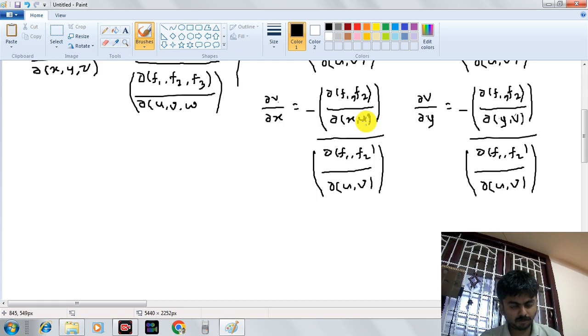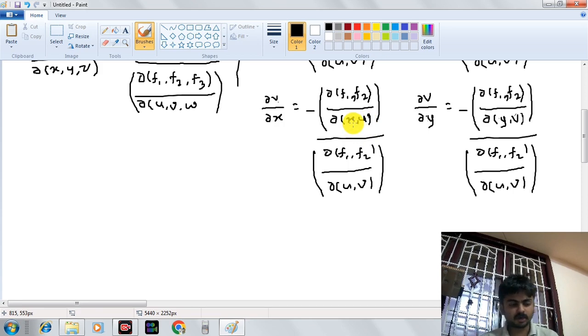So we have to understand one thing. With respect to u we are writing x comma u. With respect to y we are writing y comma v. But for writing v, we have to make a little change. Instead of using x comma u, we have to use u comma x.